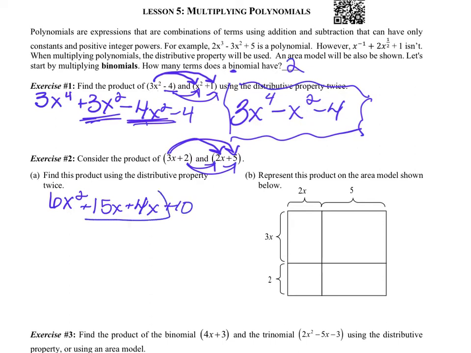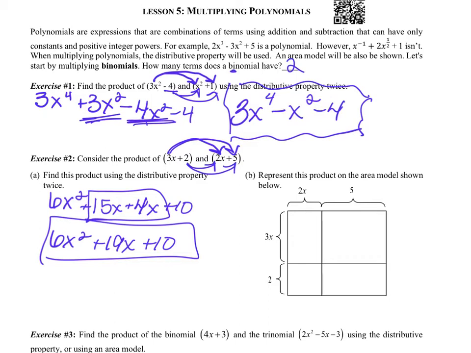I have my middle terms. By the way, 90% of the time when you multiply two binomials together, your second and third term will combine. So I have 6x squared, 15x plus 14x is 19x, and bring down my plus 10.